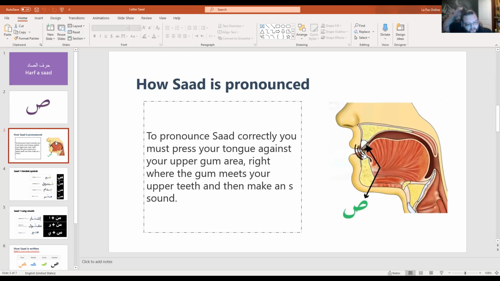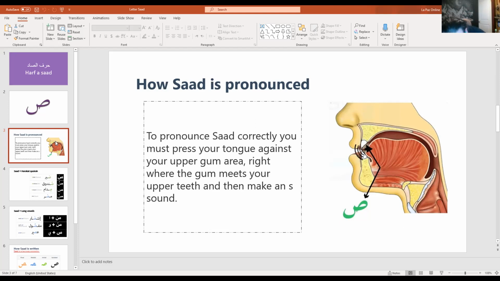With the sin, your tongue is almost flat, but with the sad, your tongue should be pushing up. Yes, actually sounds good. And when we go over more examples, it will be much clearer.